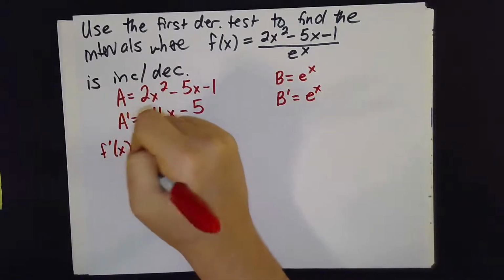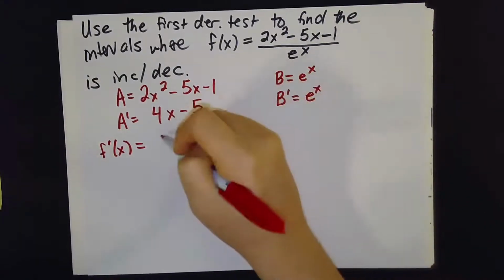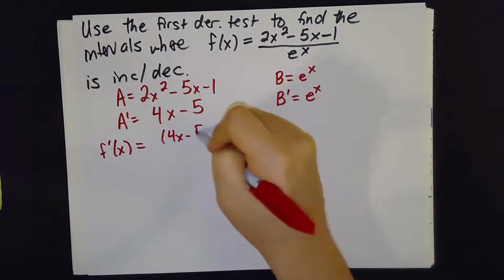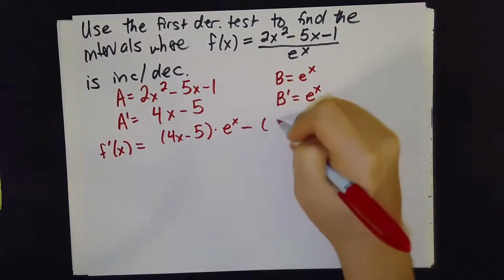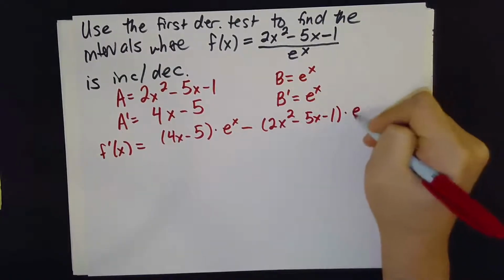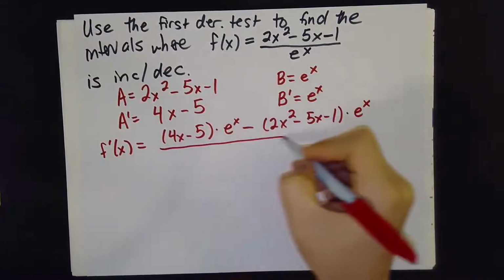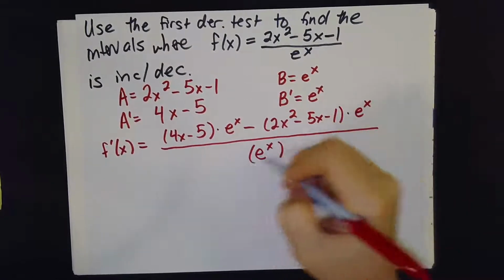So f prime of x here is going to work out to be 4x minus 5 times e to the x minus 2x squared minus 5x minus 1 times e to the x, all divided by e to the x squared.